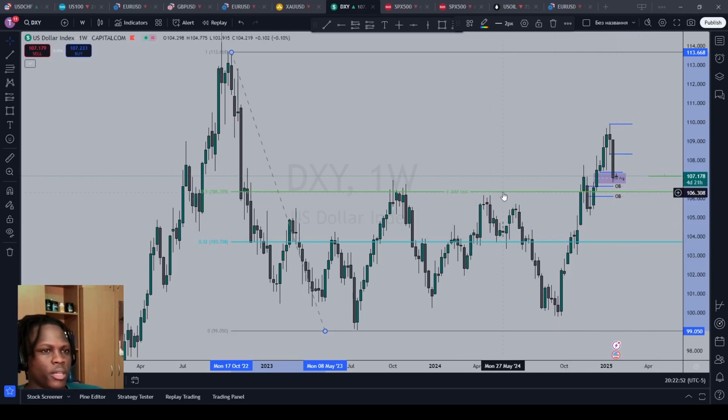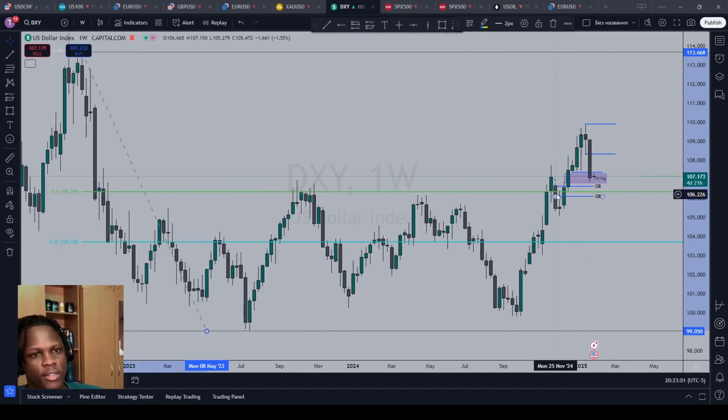So I'm just going to be nimble this week. Maybe I won't be taking any trades, but I'll be looking at the markets to see if they offer me this low, after closing below this weekly order block and also violating its consequent encroachment.